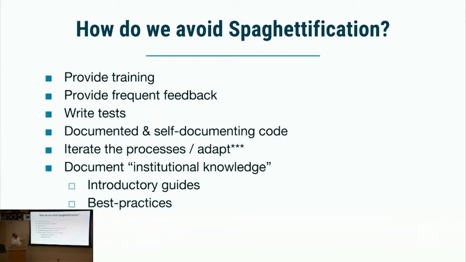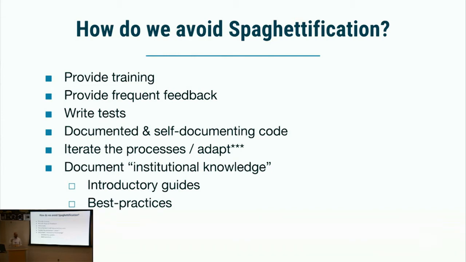So, some more specific description of what we do. We try to provide training to people, and by training I mainly mean hands-on training, and frequent feedback on how people are writing their code and what they're working on: writing automated tests, documenting the code, and writing self-documenting code.